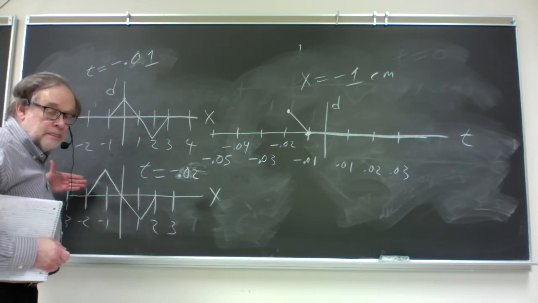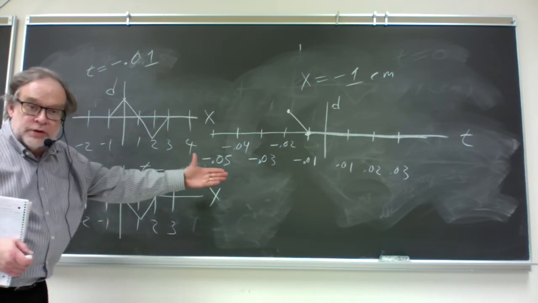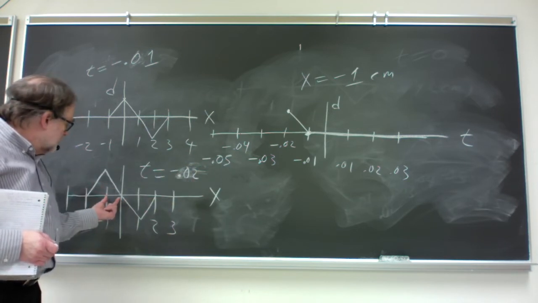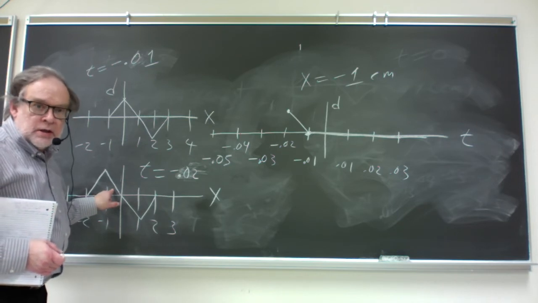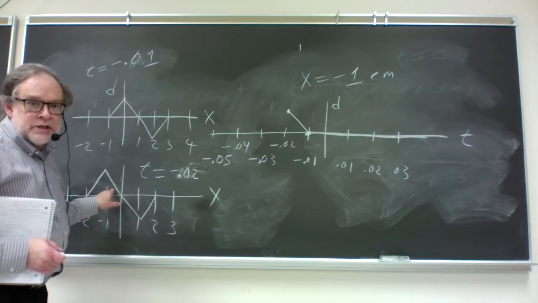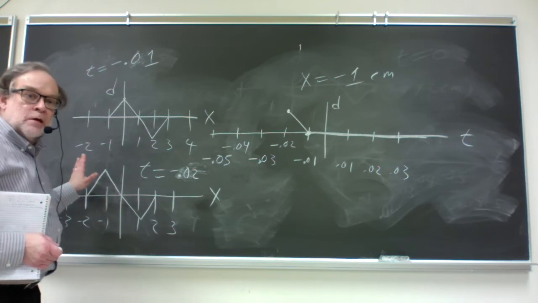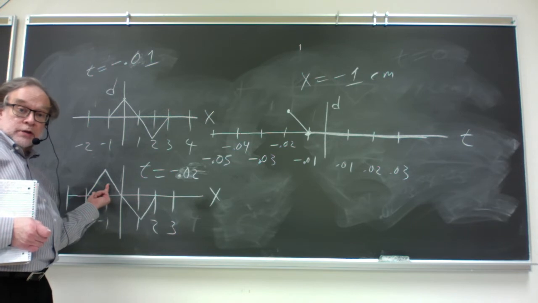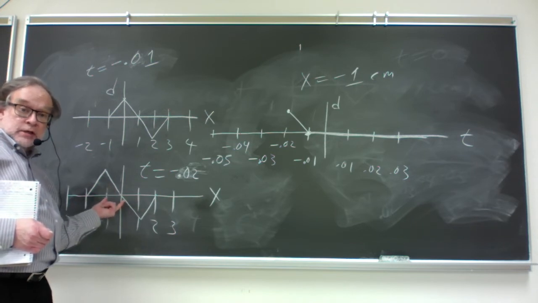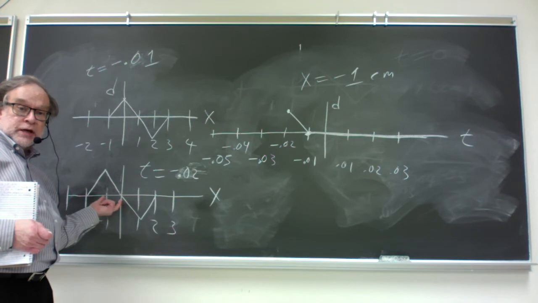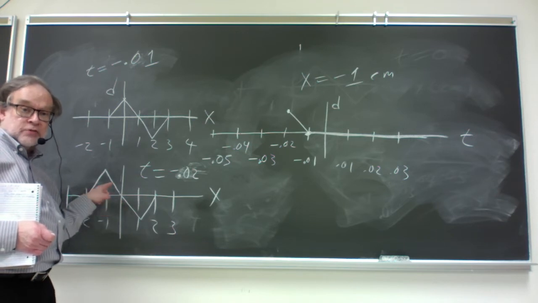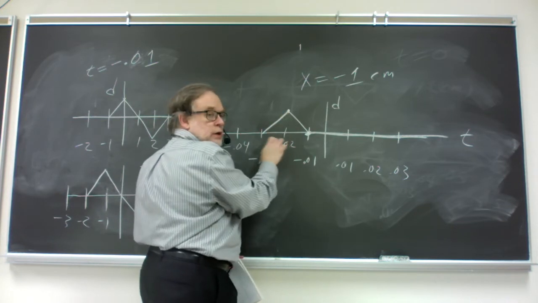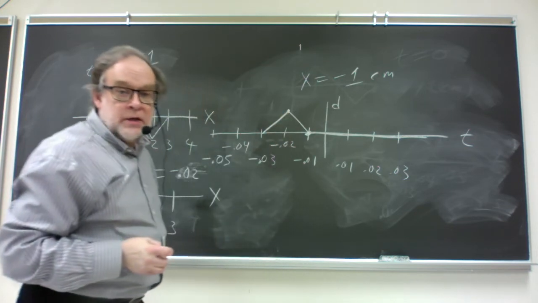Remember, the pulse is moving this way, left to right, so this piece is in front of this piece. So this piece being in front, it must pass through the x equal minus 1 point at earlier times than this one does. And since this piece of the pulse is again 1 centimeter wide, it takes 1/100th of a second for this piece to pass through. So that piece was passing through in this 1/100th of a second here.